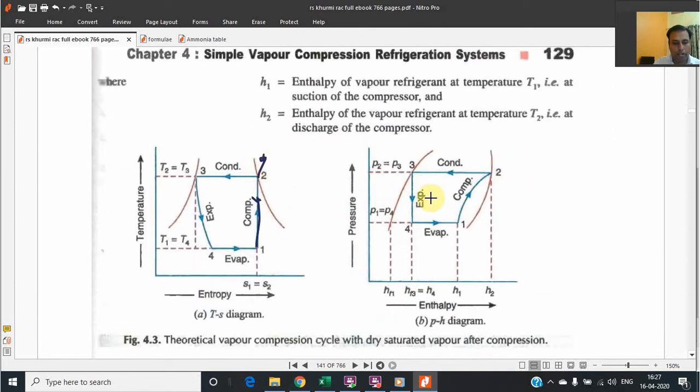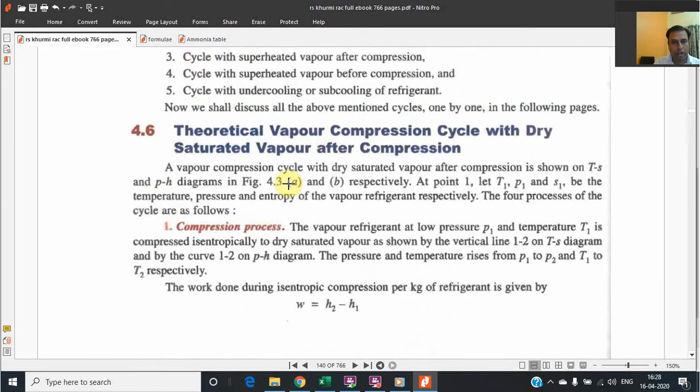If you reach this curve, the vapor is dry after compression. If you lag behind, with the second point over here, it is wet vapor. And if you cross this curve and the point is somewhat beyond this curve, then it is superheated.